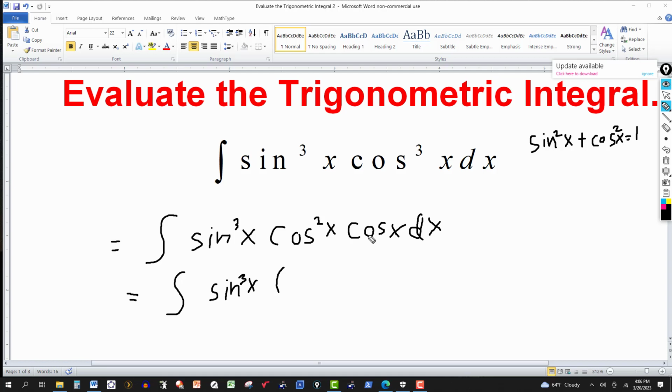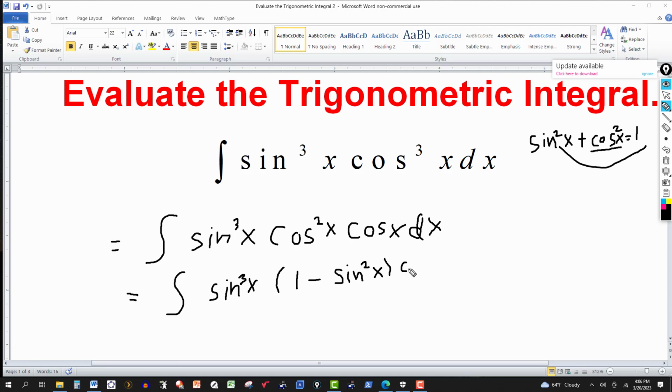I'm going to replace cosine squared using this basic fundamental identity. Solving for cosine squared, bringing this over, I get 1 minus sine squared of x.